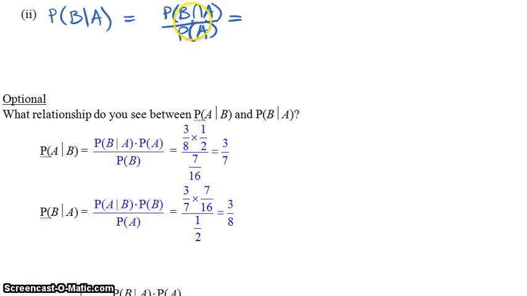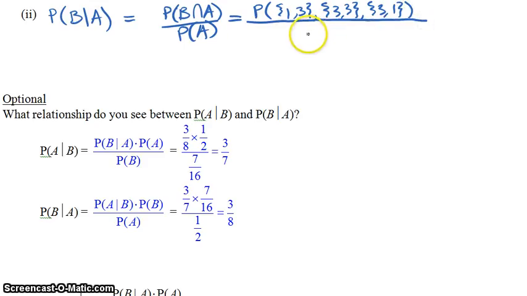So what's the probability of B and A? Well, that means that I've got an even score and at least one dice lands on a 3. That means I'm looking at either 1, 3, or I'm looking at 3, 3, or I'm looking at 3, 1. What about the probability that the score is even?